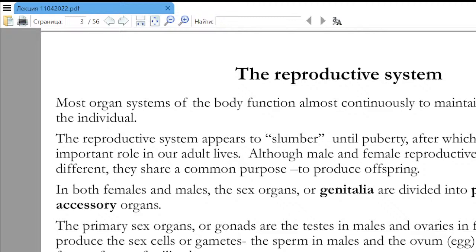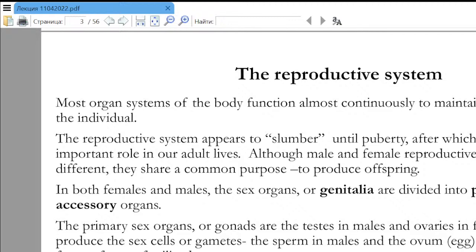In both females and males, the sex organs or genitalia are divided into primary and accessory organs. The primary sex organs, or gonads, are the testes in males and ovaries in females.